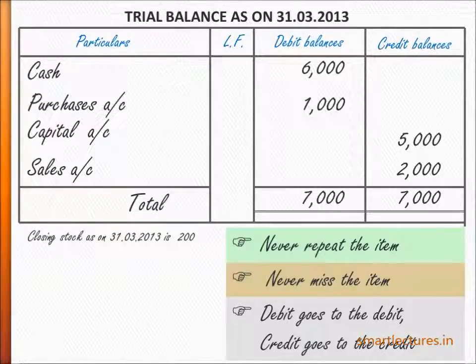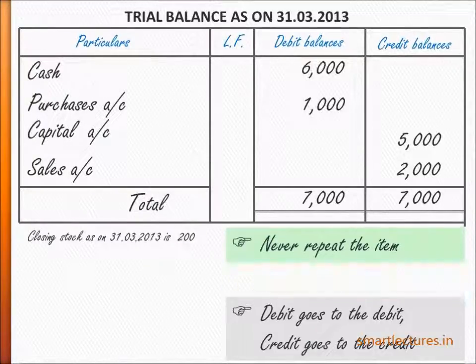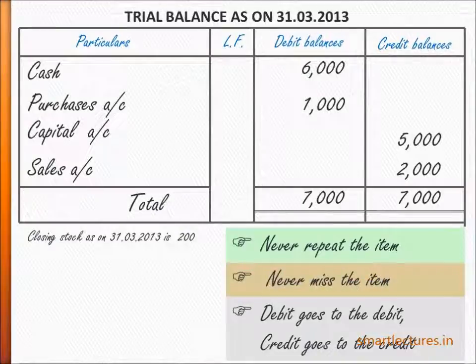It can hit only one account, either trading, profit and loss account or balance sheet. And secondly, don't miss the item, means if you don't take any item of the trial balance, you cannot complete the final account. And third rule is debit will go to the debit, means debit item of the trial balance will go to the debit side of final accounts, whatever it is, trading account, profit and loss account or balance sheet. And credit item will go to the credit side of final accounts. So you have to keep this thing in your mind.